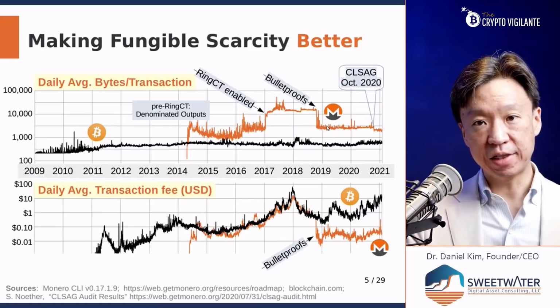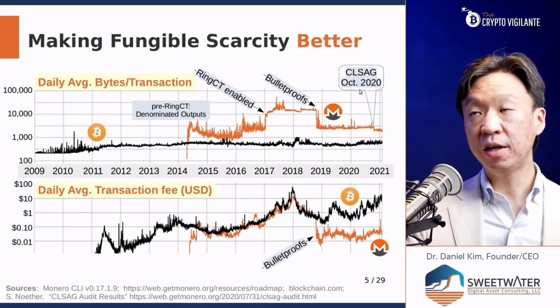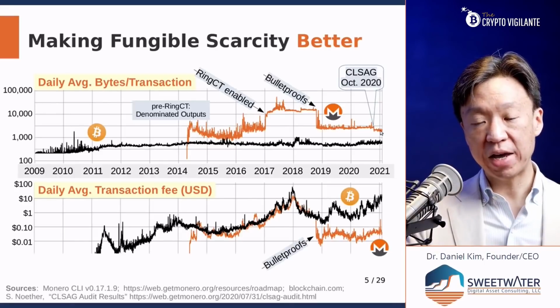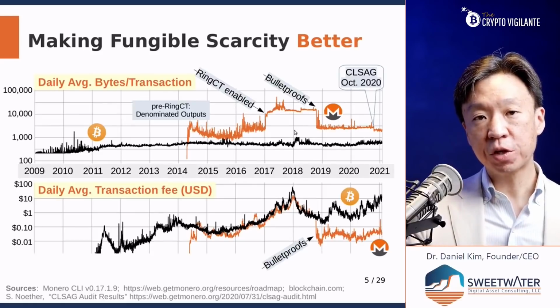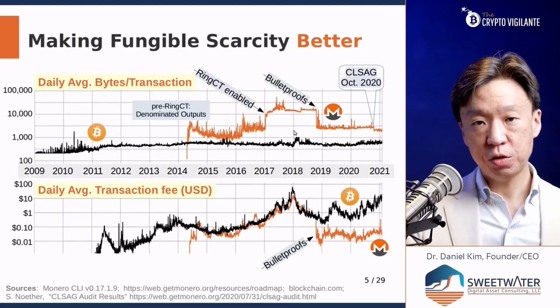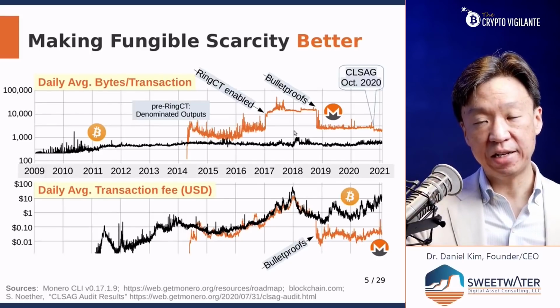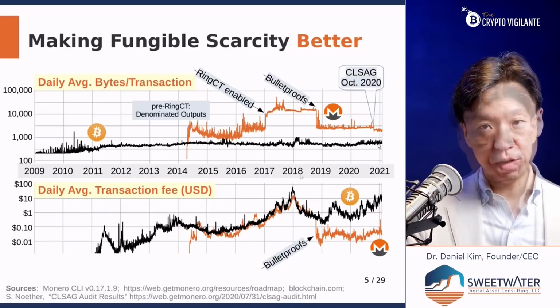And then you can see that the transaction size went back down. Now, last Halloween, there was a new innovation, CLSAGs, that also went in, and that chipped away at the transaction size a bit more. The point being that this community has done what it takes to make sure that fungibility is in the blockchain and improved in the blockchain. And there's continual research happening on this front.